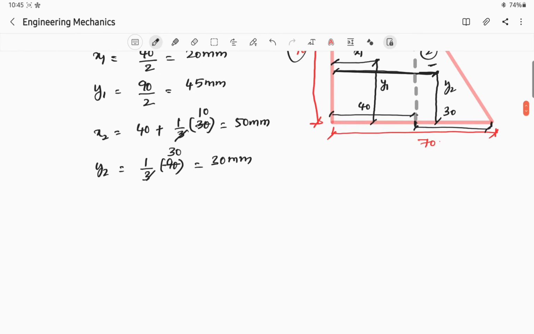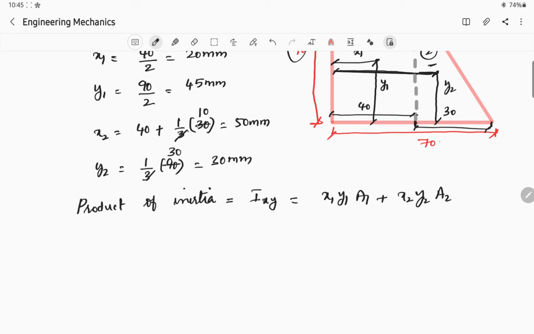So we are actually calculating product of inertia, isn't it? Product of inertia, we write it as Ixy, is equal to x1 y1 a1 plus x2 y2 a2.